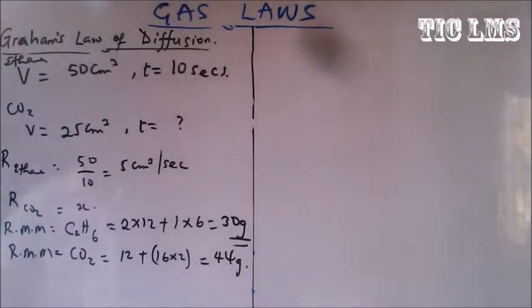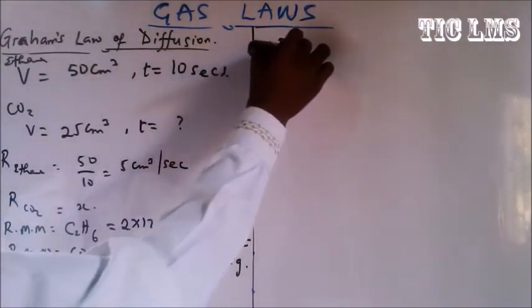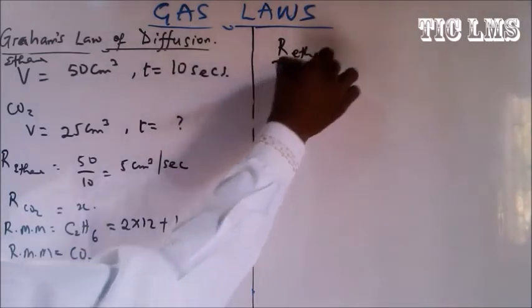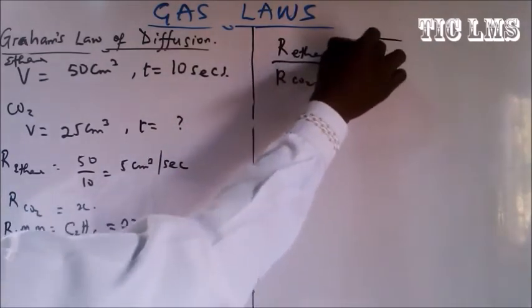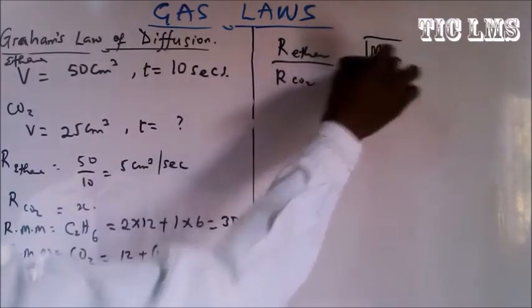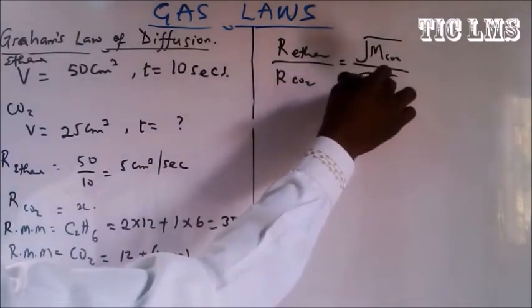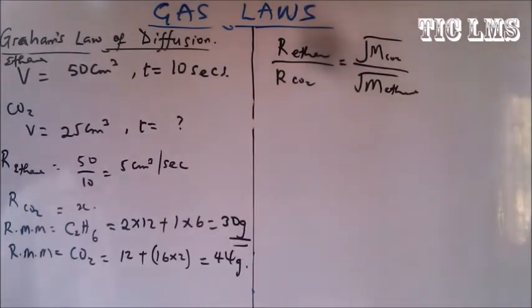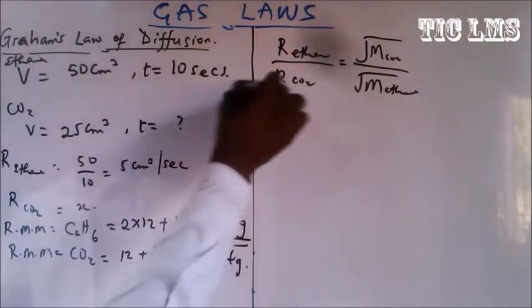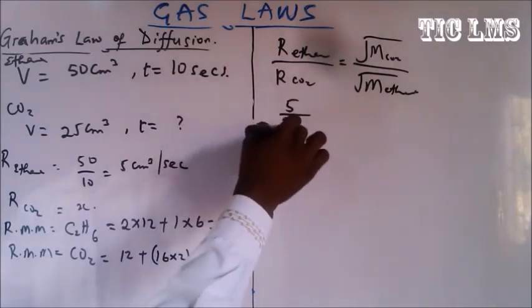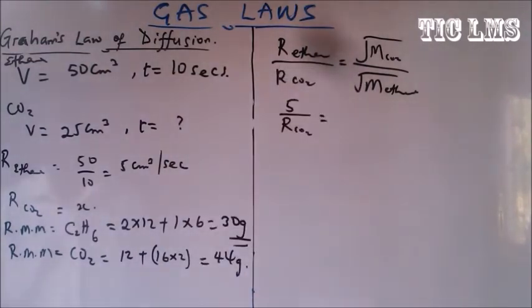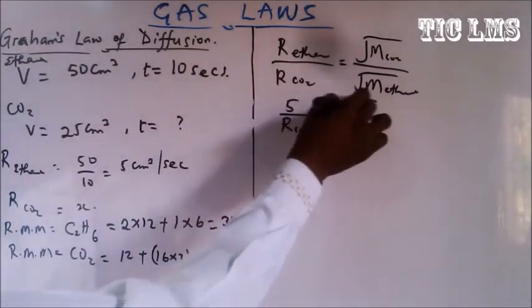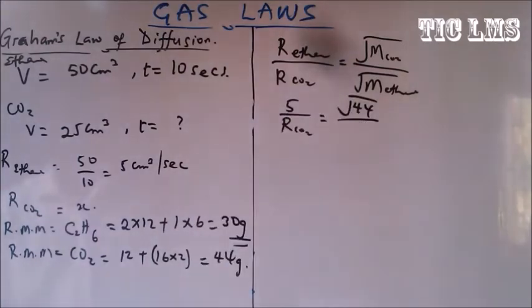Now there's a formula that relates the molecular mass with rates: rate of diffusion of ethane over rate of diffusion of CO2 equals the square root of relative molecular mass of CO2 over the square root of relative molecular mass of ethane.